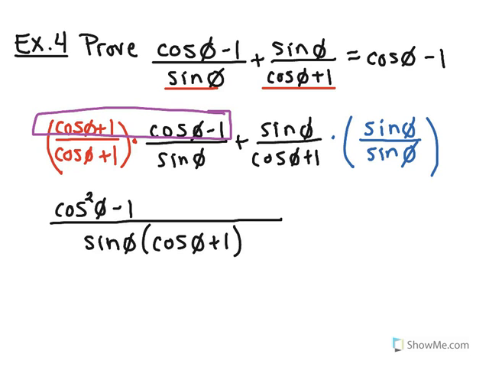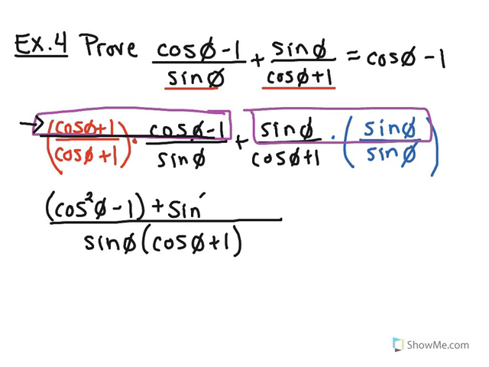Now, if you're not sure about how I got this, I want you to take this in your mind and think about how you would break it down as a difference of perfect squares. And you should be getting this expression here. Okay, this entire thing right up here. All right, now, the next part on the right-hand side is I've got two sine phis being multiplied together, which should give me sine squared phi.